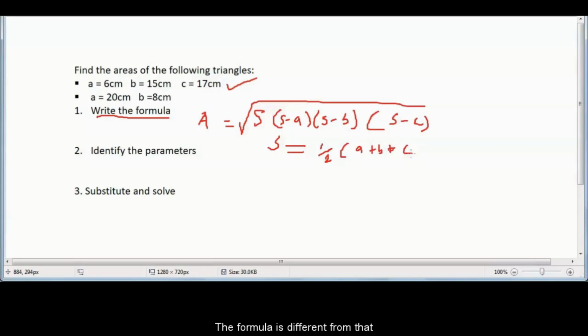The formula is different from that of a triangle with 2 given sides.